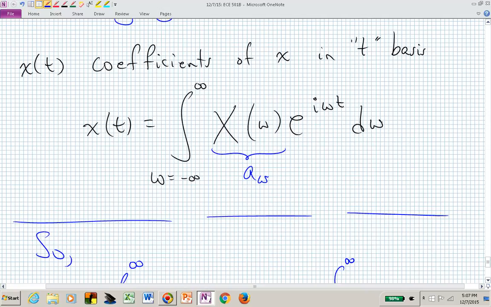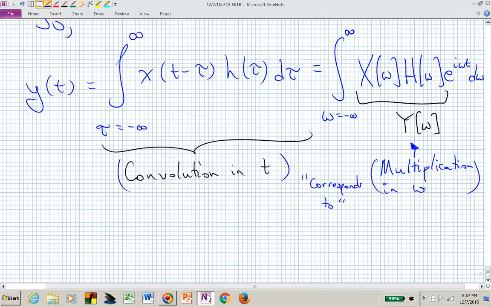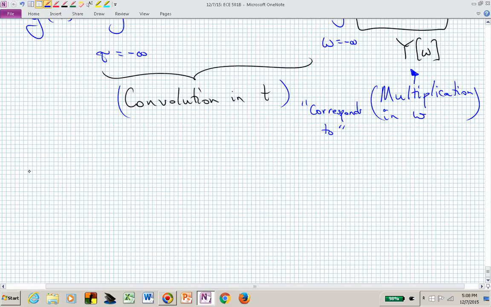Now if you replaced x's with y's, you would get y of t as this integral of capital Y of omega, e to the i omega t, and that's what we have on the right-hand side. Except now, y of omega, by association with what's multiplying or scaling e to the i omega t, is this product of h of omega with x of omega. So that multiplication in the frequency domain is corresponding to convolution in the time domain. Let's derive that relationship.